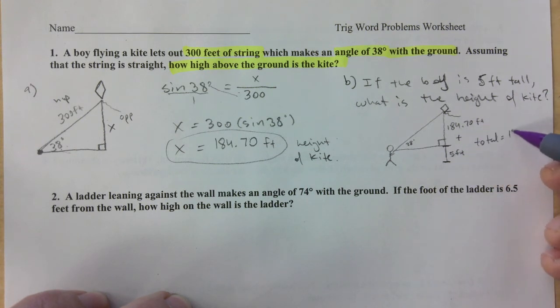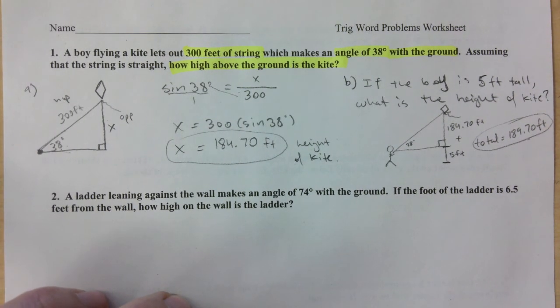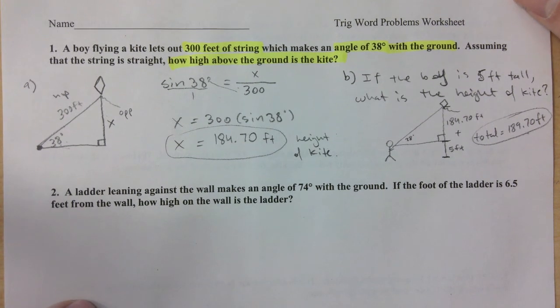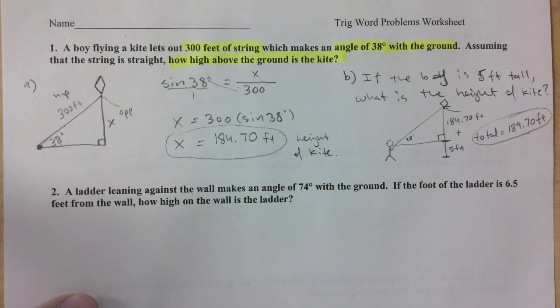So it's 189.70 feet for the kite. So be prepared for that, because if it's only ever one type of triangle solve, it's going to be very repetitive. So you have to watch for the curve ball there.